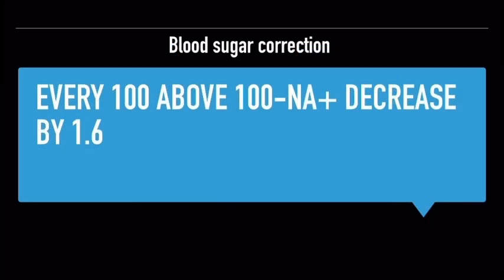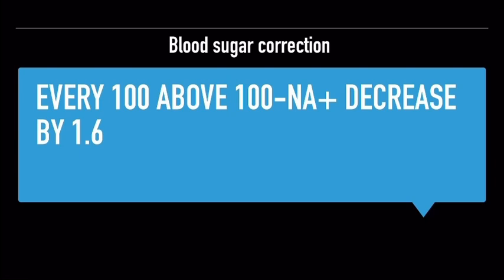There is a correction formula for hyponatremia in case of high blood sugar. For every 100 mg per deciliter above 100 mg, sodium decreases by 1.6. Take a patient with a blood sugar of 500 and a sodium level of 126. We can correct this sodium by this equation. A blood sugar of 500 means 400 is above the 100.